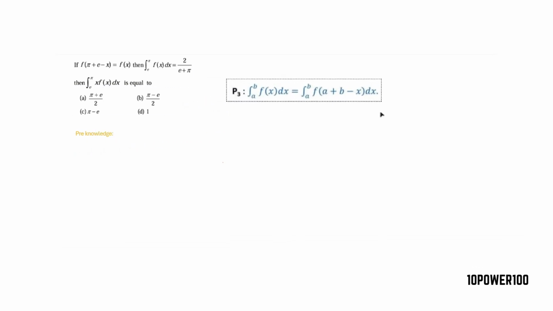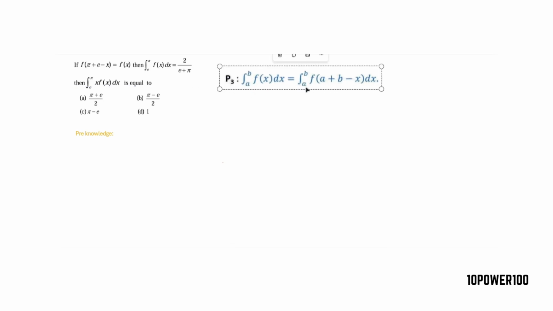You have already learned in grade 12 that the integration from a to b of f of x dx is equal to the integration from a to b of f of a plus b minus x. That means you add the upper limit and lower limit and subtract x in the function. So I will write the integration from e to pi of x into f of x dx, and consider this as I. Let us substitute this formula in place of x.